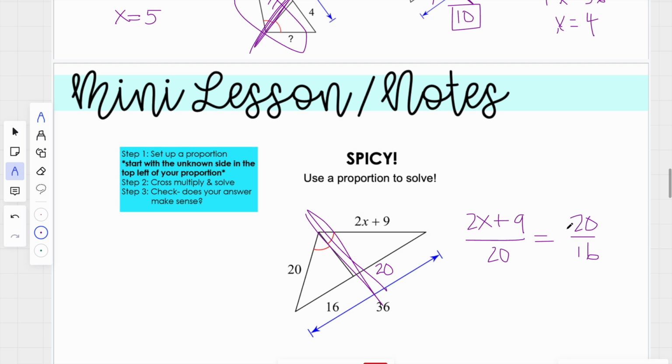All right, and so we're going to cross multiply, but do you see that this expression is being multiplied by 16? That means I need to distribute it. So use some parentheses here. 16 times (2x plus 9). And that's going to equal 20 times 20, and 20 times 20 is 400.